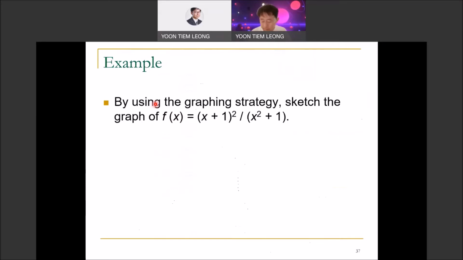Then the third bit is, by looking at the function, you identify the asymptote, right? So the asymptote could be easily identified by looking at this function. So for example, when you set x equals to infinity, then maybe we have to look at the asymptote more carefully later on. I think this is a situation where the polynomial upstairs has the same degree as downstairs.